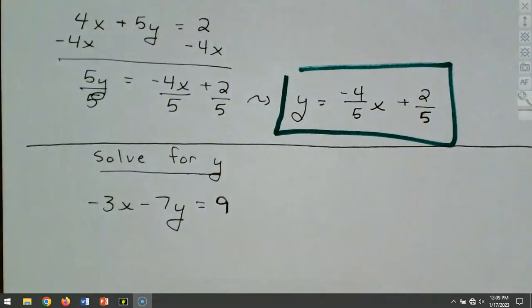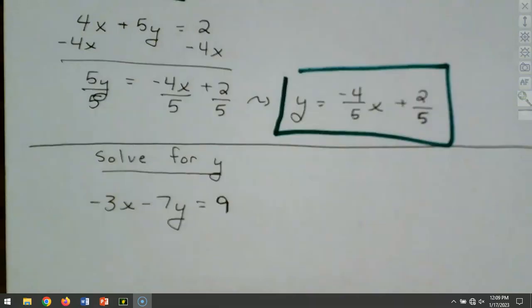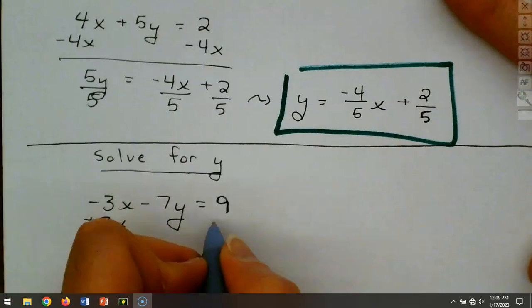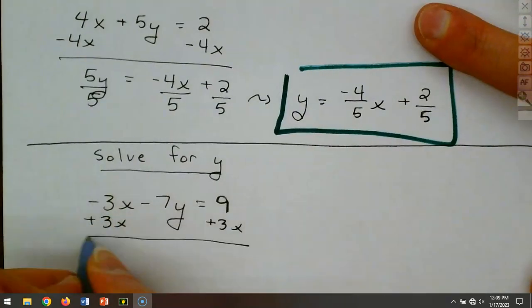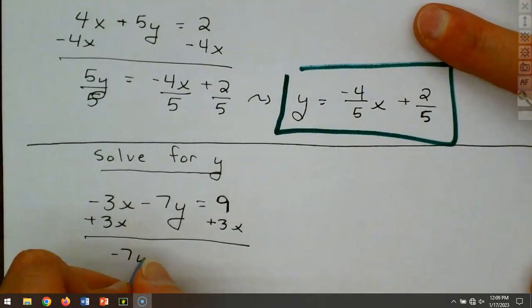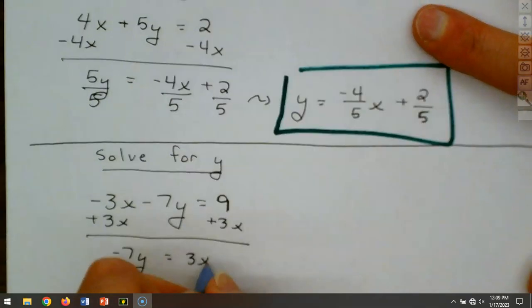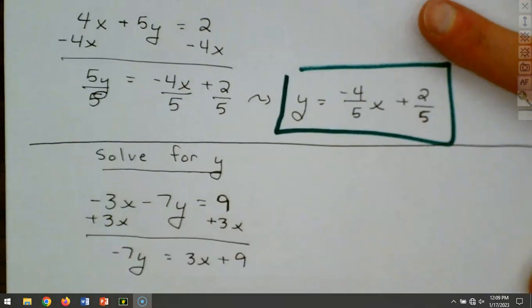You've done this before in previous courses. This is, again, slope-intercept form, what this is. So let's go ahead and finish this out. I'm going to add the 3x to each side. And now we've got minus 7y equals 3x plus 9.